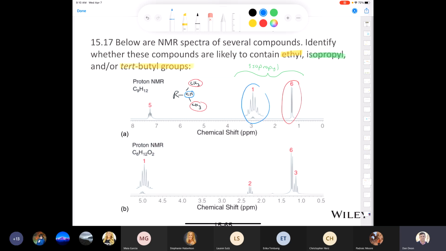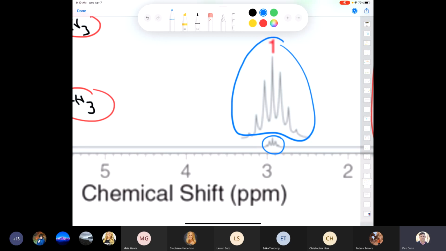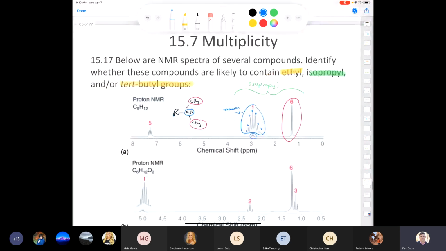So I end up with a septet that integrates for 1. If you're wondering what is going on here, since this signal is so small, this is called an expansion, and it's exactly what you think it is. They're just blowing it up so you can see it more clearly. There are 1, 2, 3, 4, 5, 6, 7 total peaks in the signal.